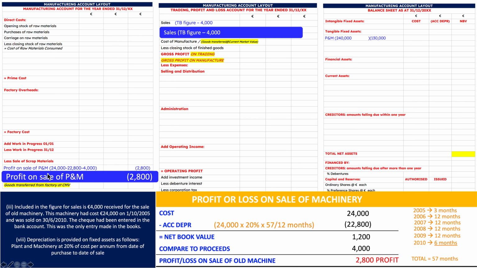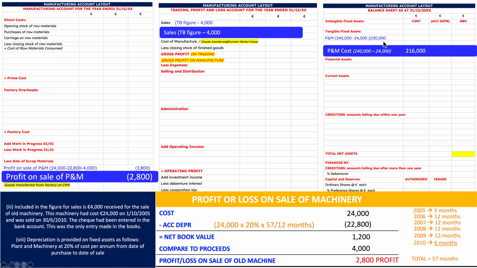So also less profit on sale of plant and machinery: 24,000 minus 22,800 minus 4 is 2,800. Then we'll adjust the cost up in the balance sheet. The balance sheet, we've sold that plant and machinery, so we'll minus that 24 there, so 216.